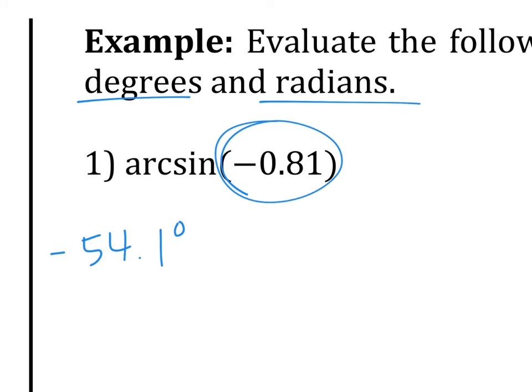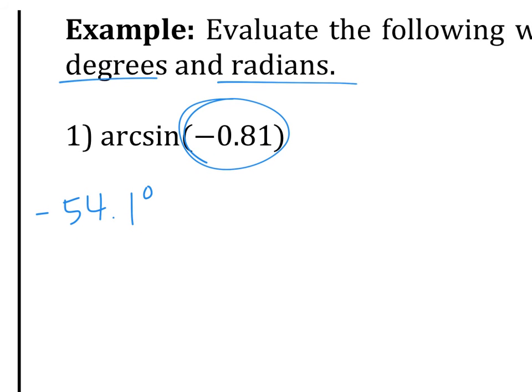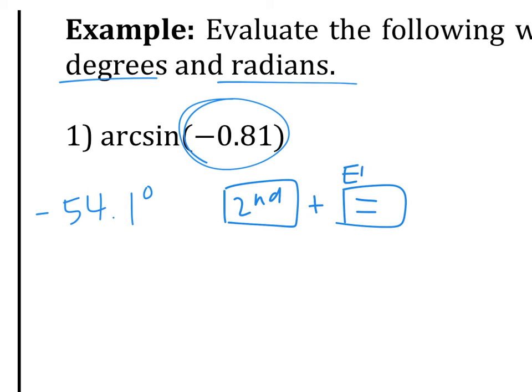Okay, I'm going to show you some calculator shortcuts. Since you already put in inverse sine of negative 0.81, there's no need to type that same thing in again. You can tell your calculator to just recall the previous entry. Just press second and then the equal sign, because on top of equal sign is this entry. It will recall the previous one.